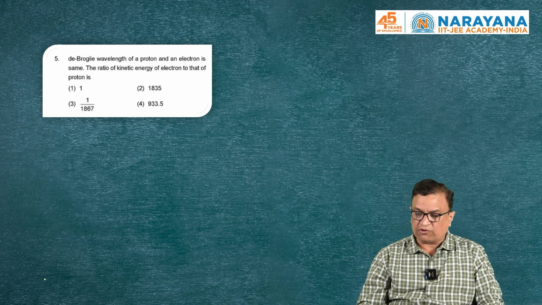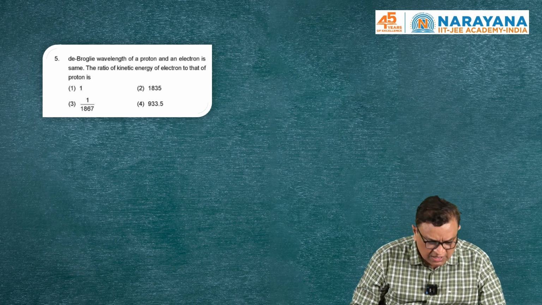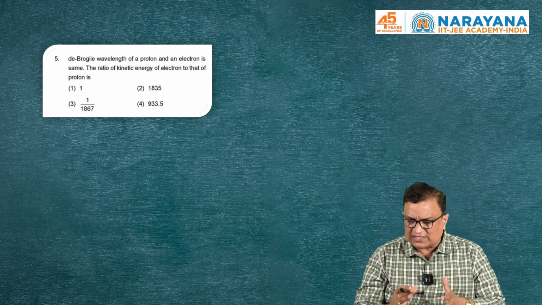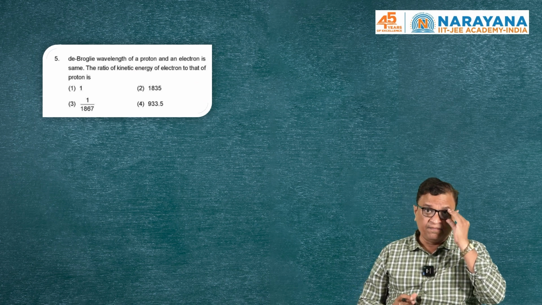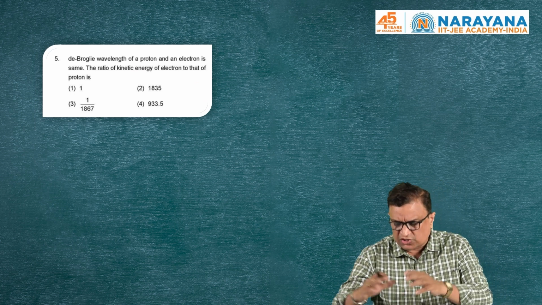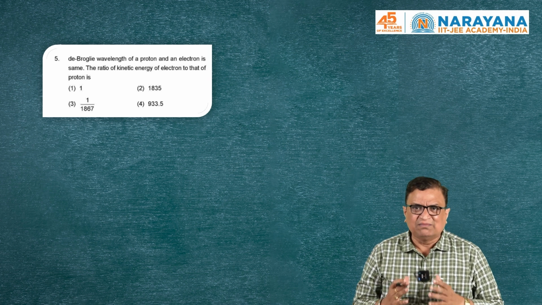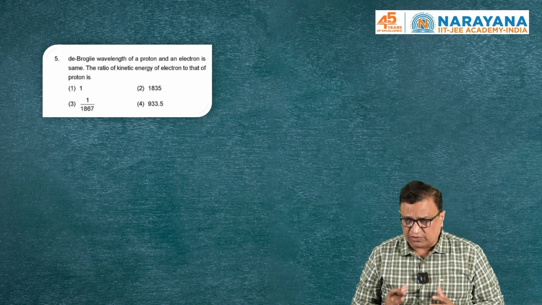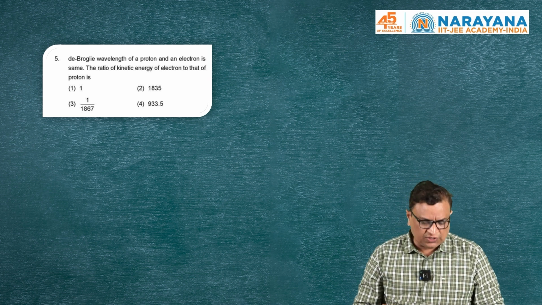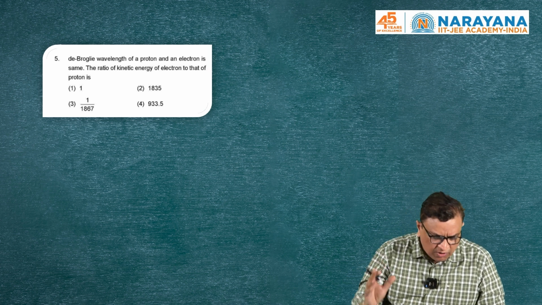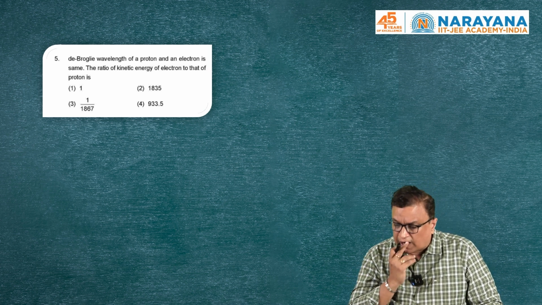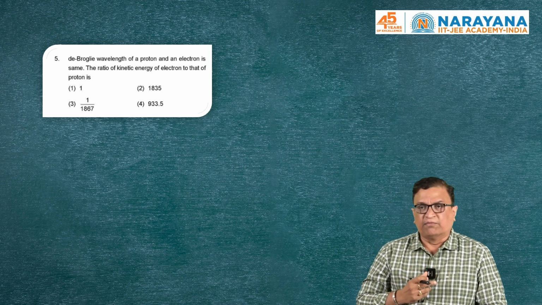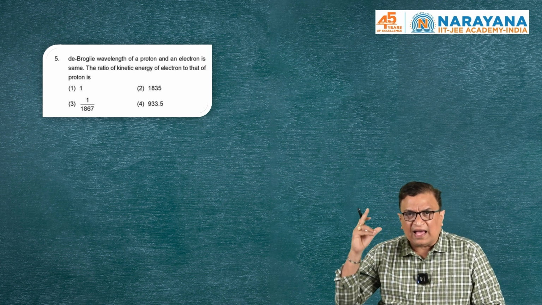Next question, fifth question. This particular question, different students have given me different opinions. So we assumed this could be possibly the nearest solution, nearest possible option, right? So the de Broglie wavelength of a proton and an electron is the same.